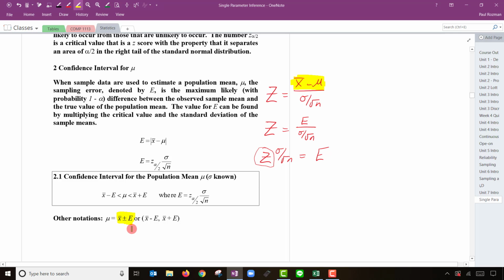So 78% plus or minus 3% is a common way to write a confidence interval. That is a confidence interval for a proportion, whereas we're first going to talk about confidence intervals for the mean.